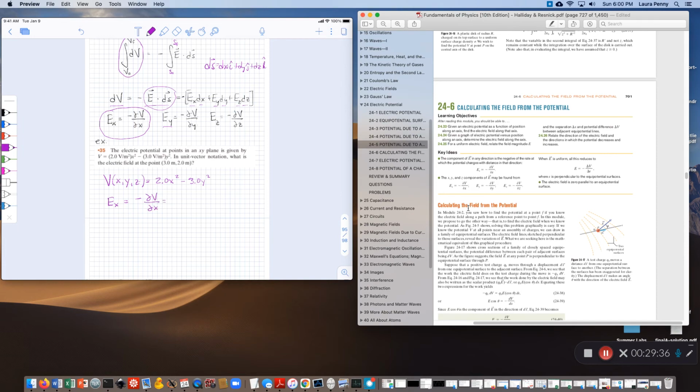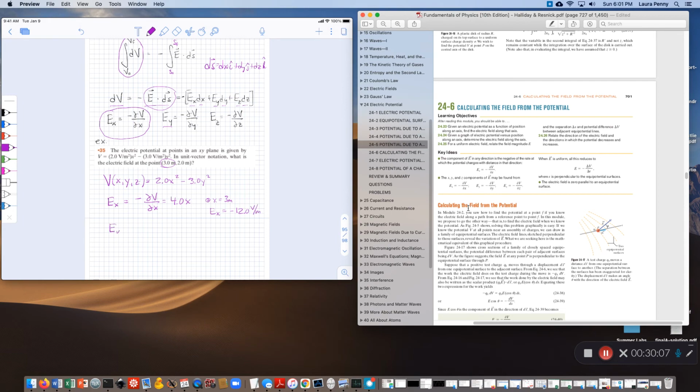These are just partial derivatives. Hopefully you've gotten to that. It just means let's pretend like the y is constant. So when I take this partial derivative, I end up having 4 times x, and at x equals 3 meters, this E sub x equals negative 12 volts per meter.